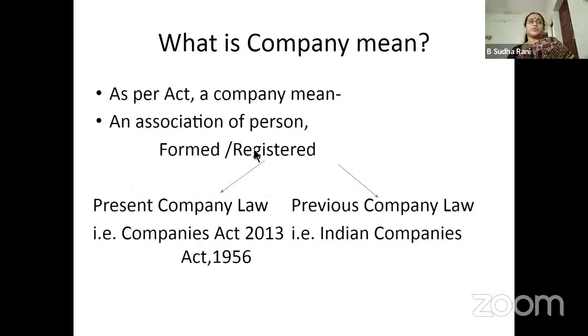Now coming to how these artificial persons form: with registration, compulsory registration. They form with registration and recognition. Generally, companies which were formed before 2013 were all registered as per the Companies Act 1956.